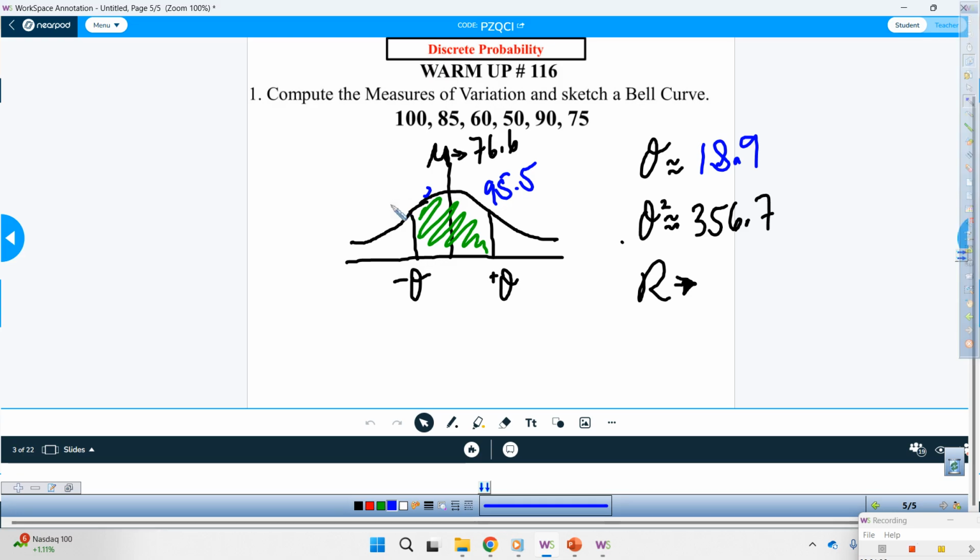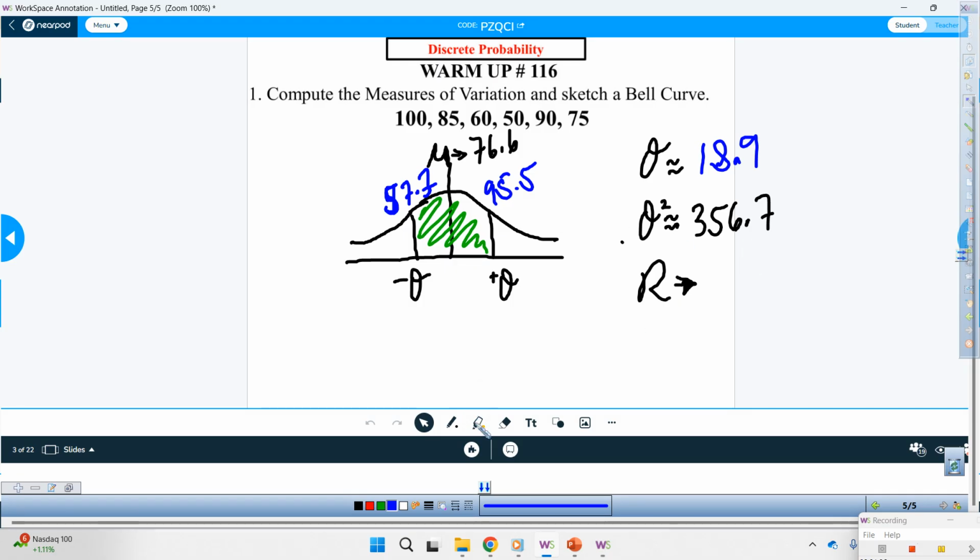And then on the other side, we are at 50, 40, 48, no, 47.7. 57? 57.7. All right. Pretty close, yes.